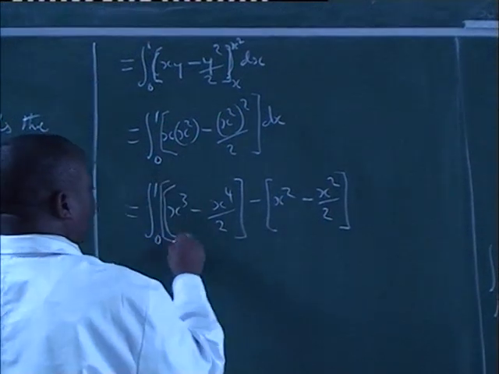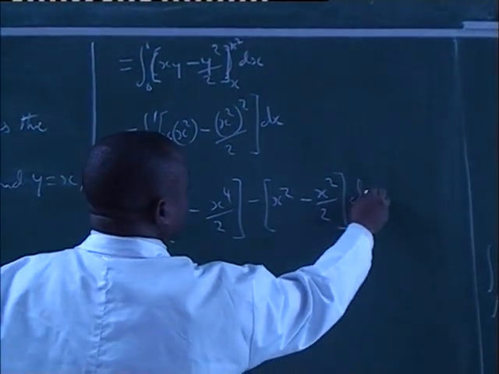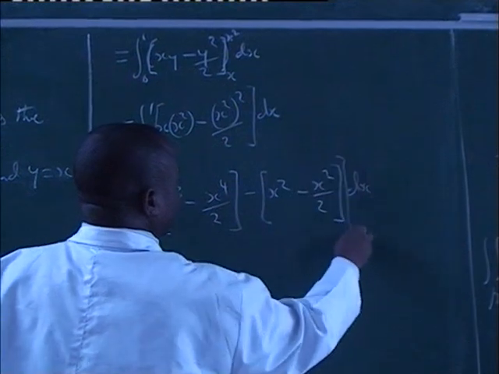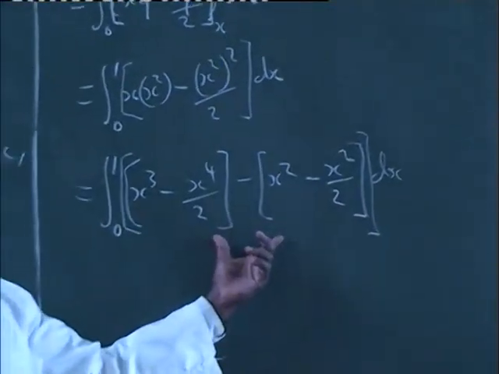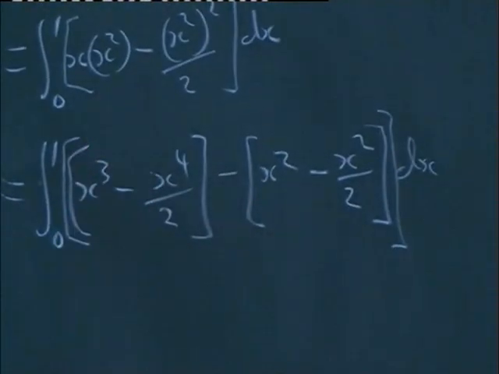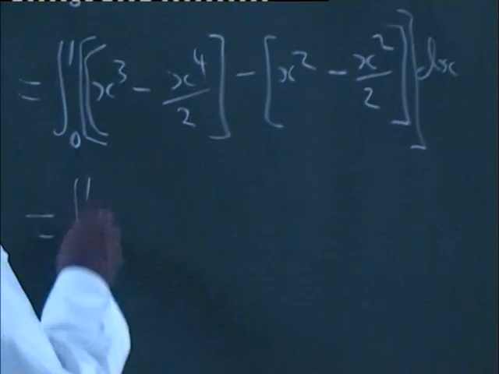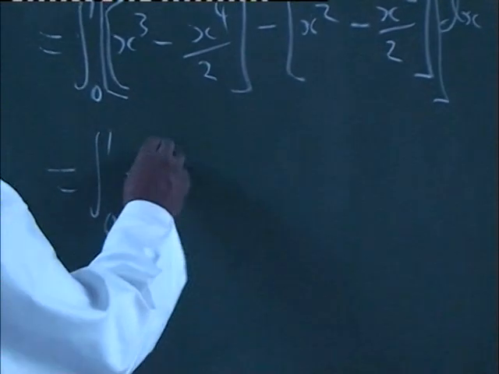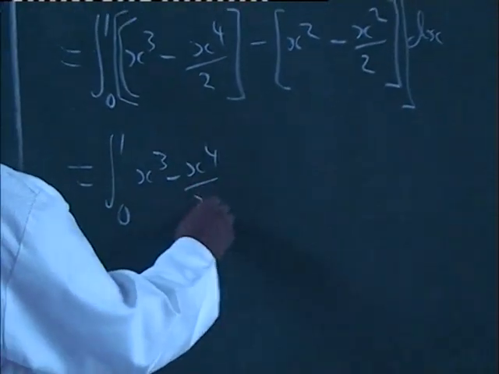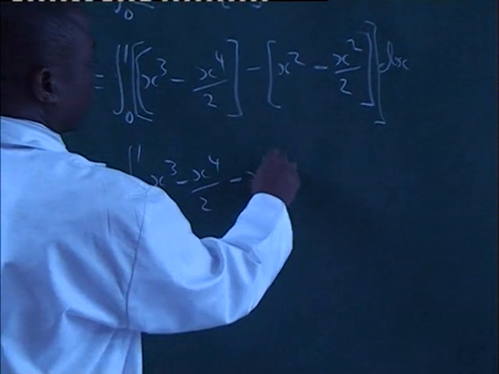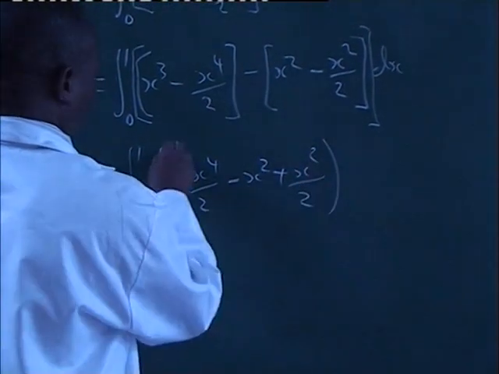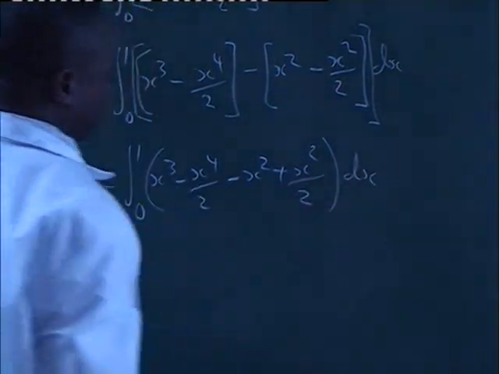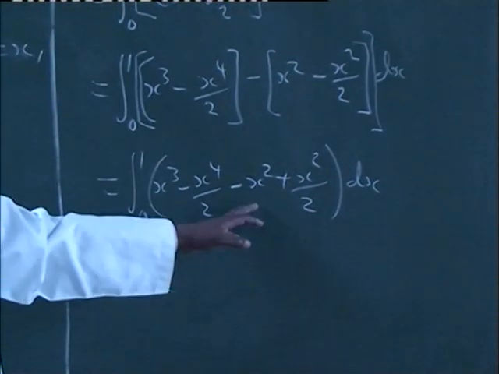Now, we have this is the dx. Don't forget about the dx. Now this one tries to define the inside of what we are doing. So that we have the integral from 0 to 1 of x cubed minus x to the power 4 over 2 minus x squared plus x squared over 2. That is what we have, the dx.